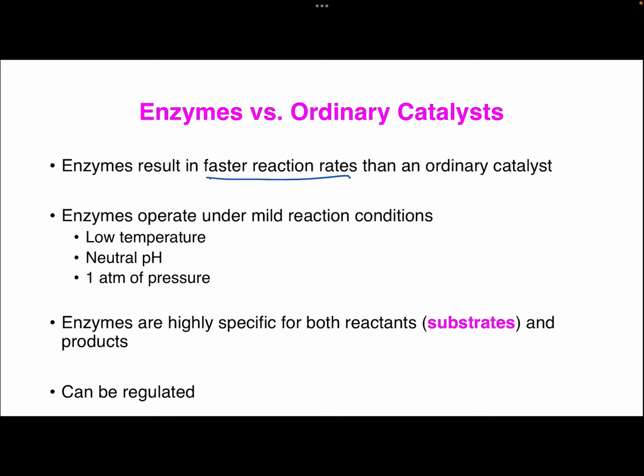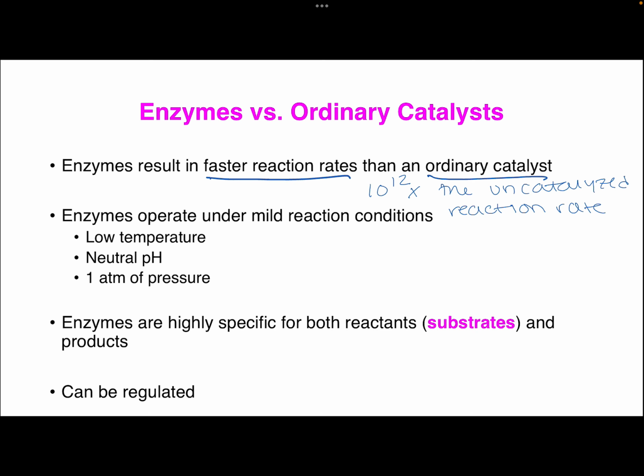Enzymes can actually increase the rate of reaction up to 10 to the 12 times what the uncatalyzed reaction rate is. So that's a huge acceleration in the reaction rate. Ordinary catalysts can't achieve that kind of an acceleration. All right, so that's the first way that enzymes are different.